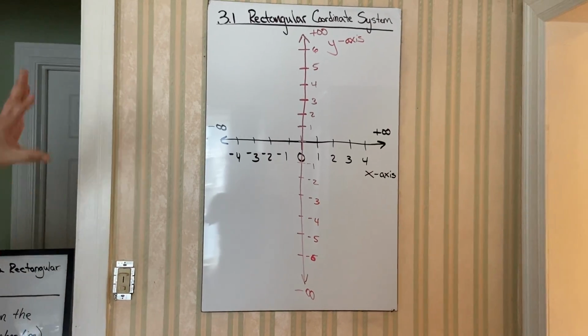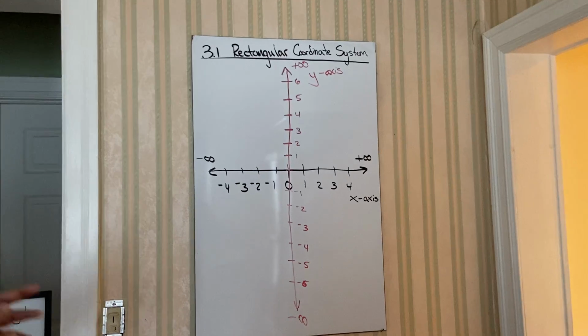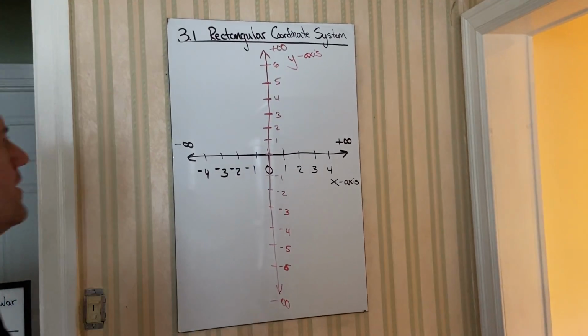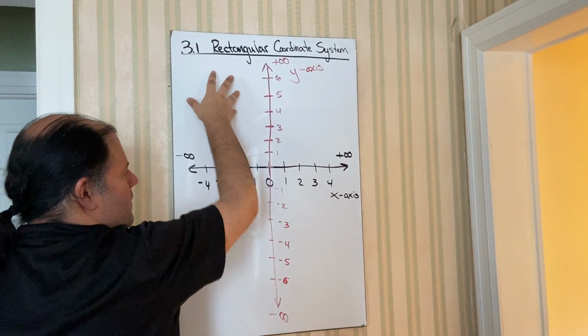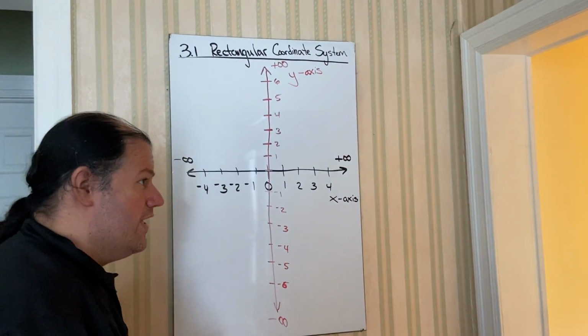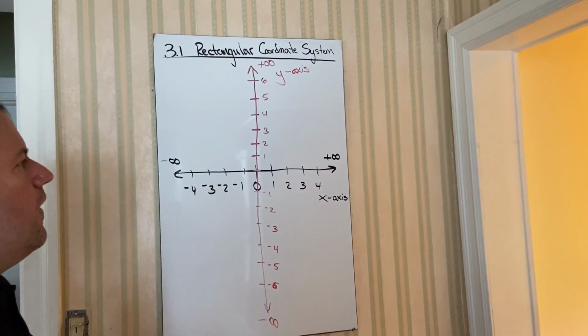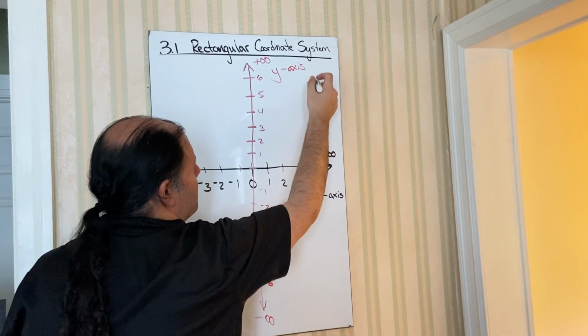This rectangular coordinate system has been broken up into 4 corners. So you can see you have this corner, which is separate from this corner, which is separate from this corner, and separate from this corner. Each corner, we call it a quadrant. And each quadrant has their own number.